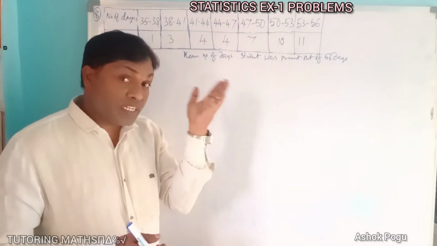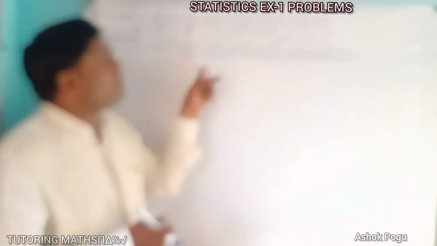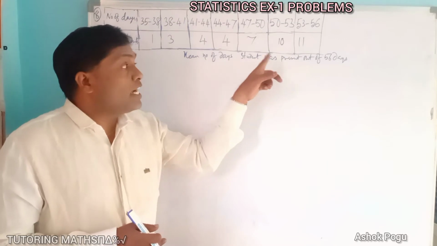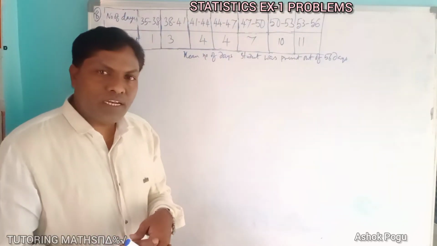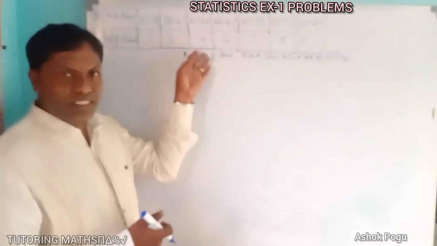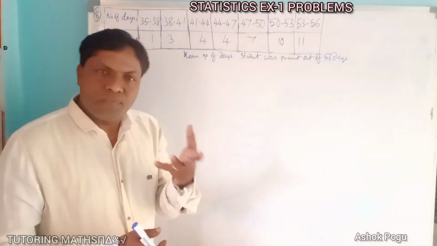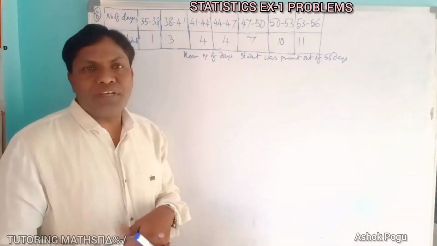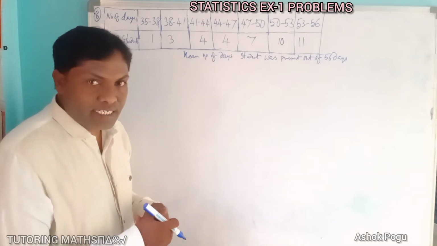The question is to find the mean number of days a student was present out of 56 days. As usual, you can apply any one of the methods. Observe the number of students: 1, 3, 4, 4, 7, 10, 11. The numbers are small, so it is better to apply the first method, called the direct method.